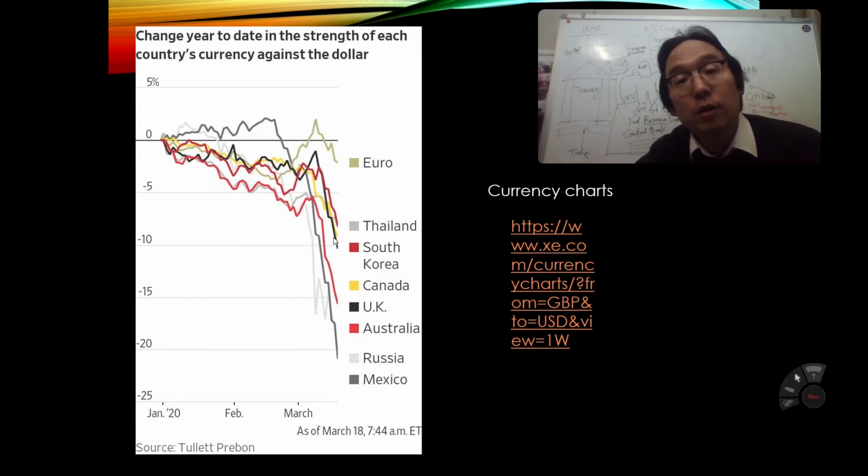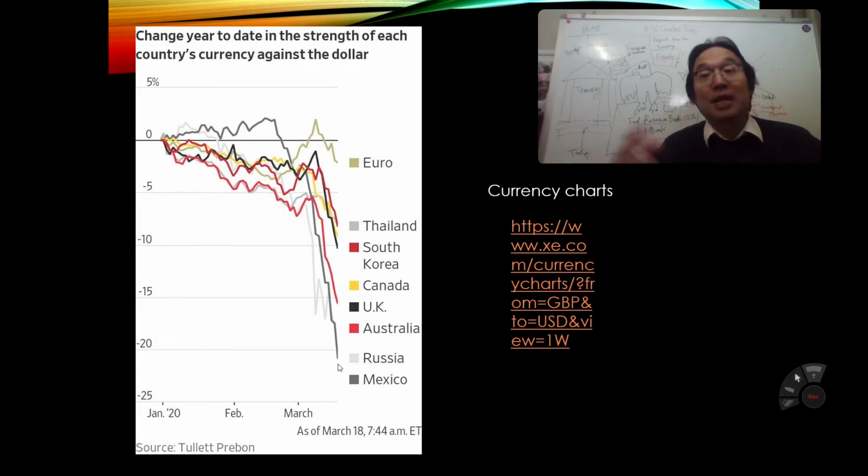UK, where are you? The British pound is the dark navy color over here. And Russia and Mexico are going to the toilet. This is diarrhea time for smaller currencies, as well as big currencies like the British pound. Very, very surprising time.